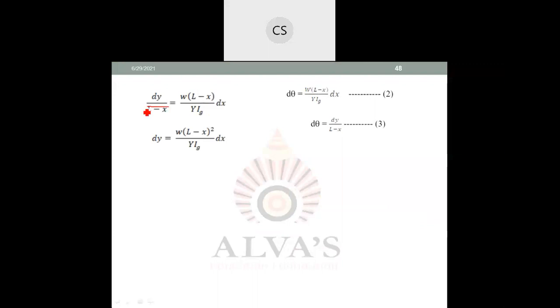Therefore dy is equal to w into L minus x whole square divided by Y into I_g dx. This is a small depression between two points, that is, tangents drawn at P and Q.